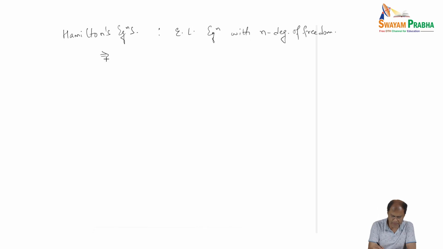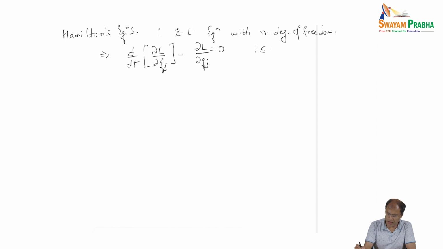So we have the following: d/dt of ∂L/∂qj dot minus ∂L/∂qj is 0, j from 1 to n, where L(q, q dot, t) is the Lagrangian.